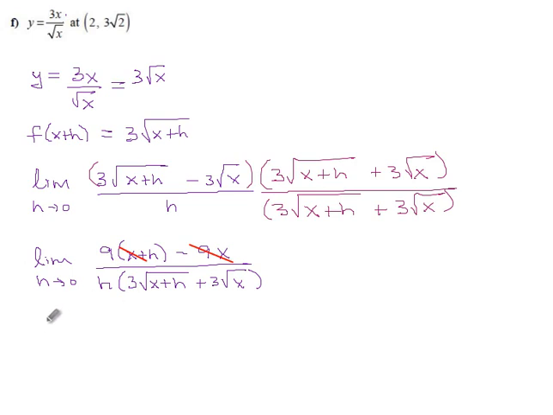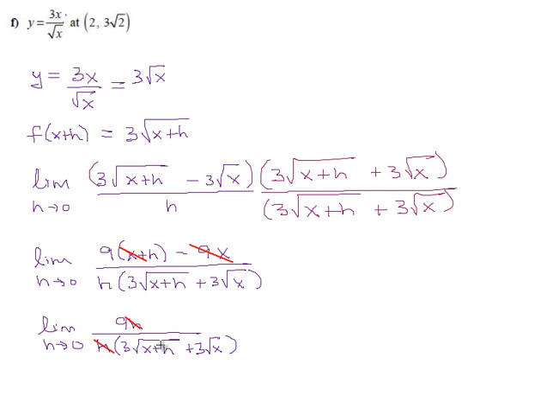So we're going to get the limit as h goes to 0, 9h over h. Those h's are the ones that are going to cancel. Let's do that right now. And what remains is 3 root x plus h plus 3 root x.